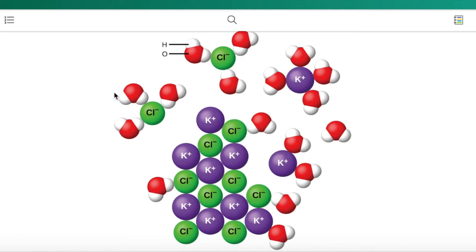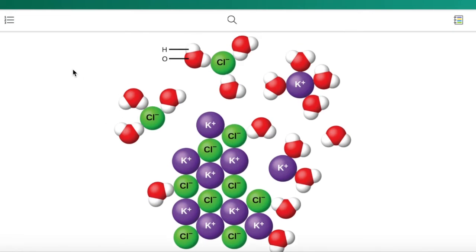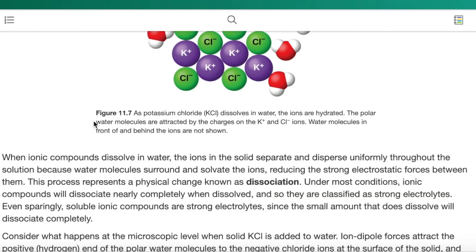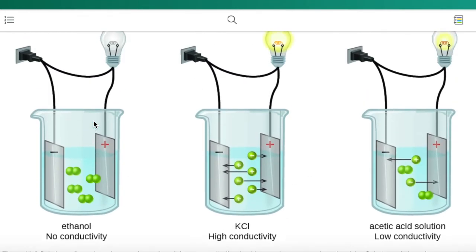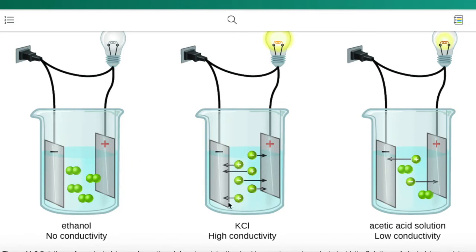So if you want to look ahead at this diagram, that is figure 11.7 in your textbook in chapter 11. Also, this is what I was mentioning about these ionic compounds. When they dissolve in water, since there are charges in the water, it makes this saltwater solution a very good conductor of electricity.